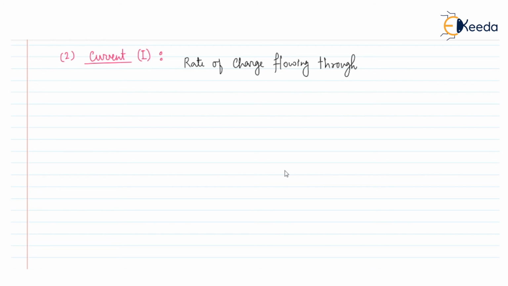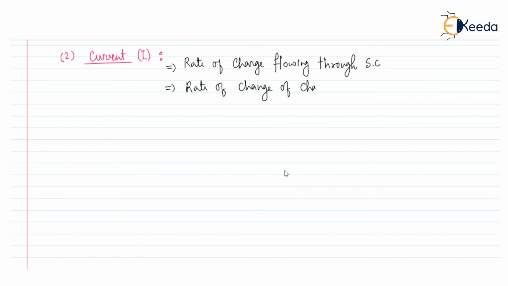We consider the semiconductor because we are studying electronic devices. So current is nothing but the rate of flow of charge, or we can say the rate of change of charge.